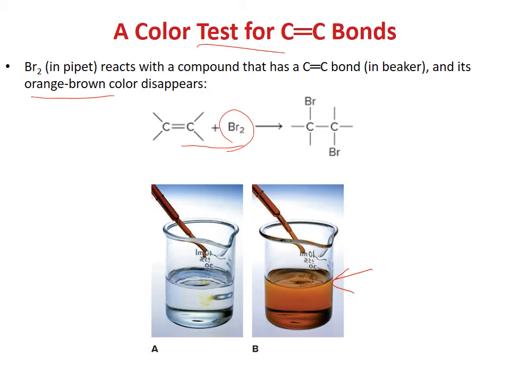On the other hand, when bromine is added to a solution containing a double bond, the reaction takes place and the bromine is consumed, and therefore you can see that the color disappears. The orange-brown color of the bromine liquid disappears inside the solution, and that indicates the existence of a double bond in the solution.